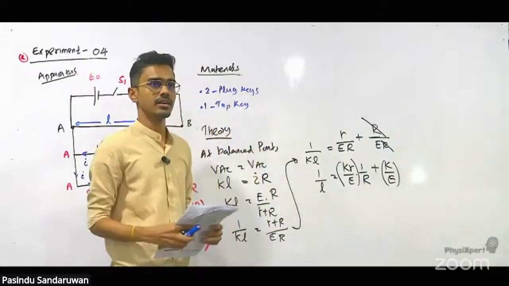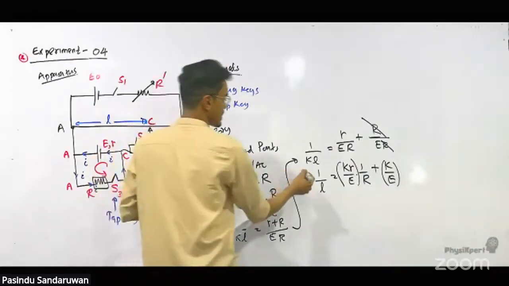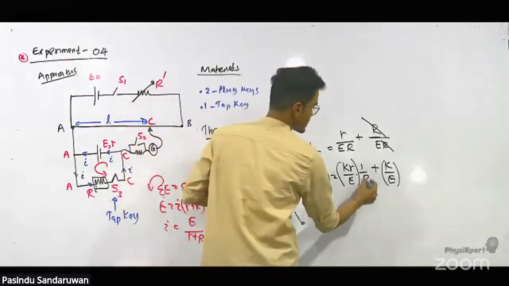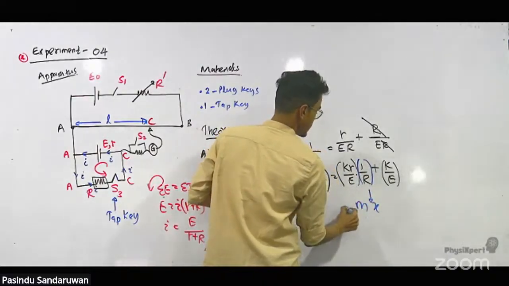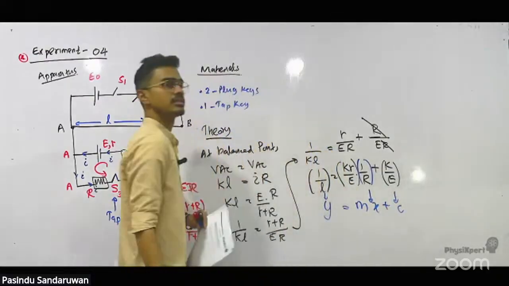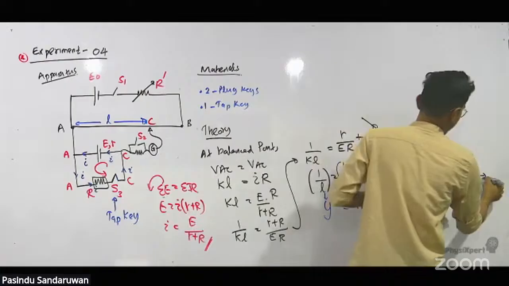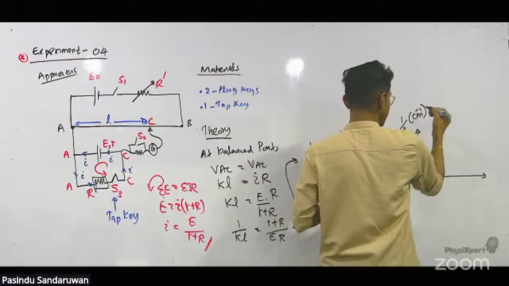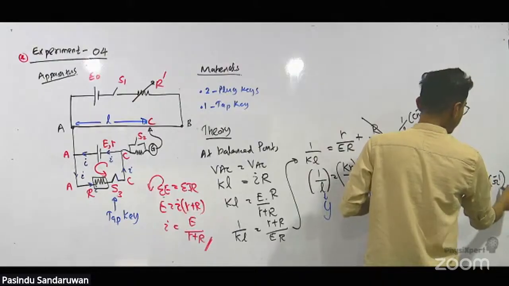So our axes are 1 over L and 1 over R. Now, if we plot the graph, the shape is y equals mx plus c, where y is 1 over L in per centimeter, and x is 1 over R in per ohm.